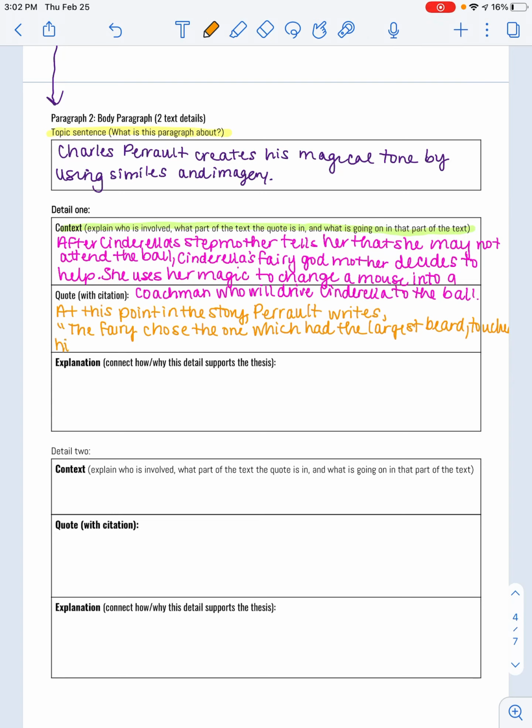Touched him with her wand. And turned him into a fat, jolly coachman. And my quote goes on here. It says, and turned him into a fat, jolly coachman who had the smartest whiskers that eyes ever beheld.